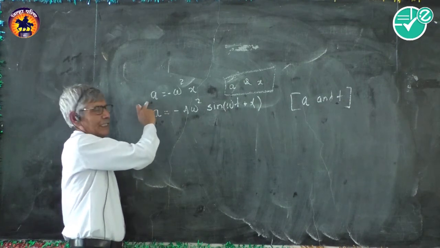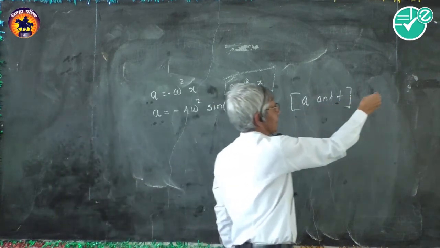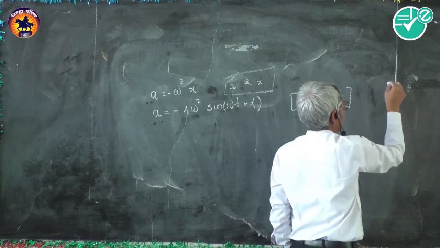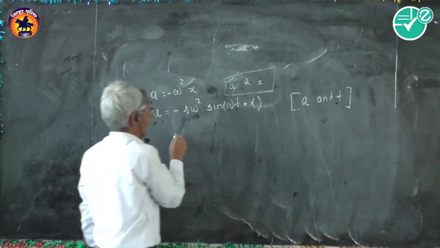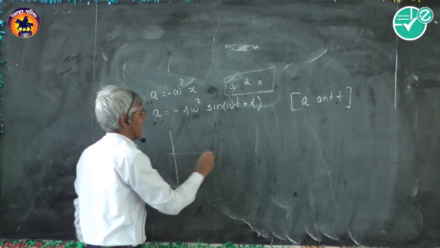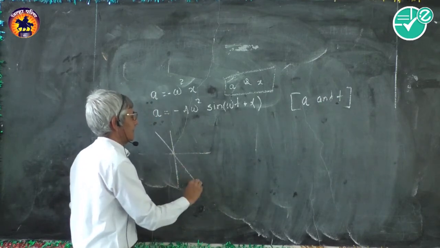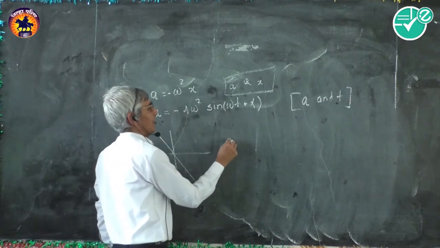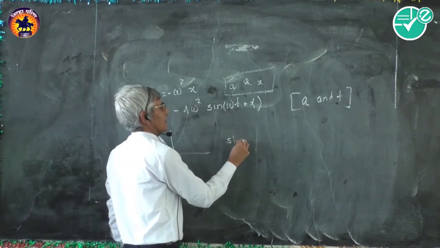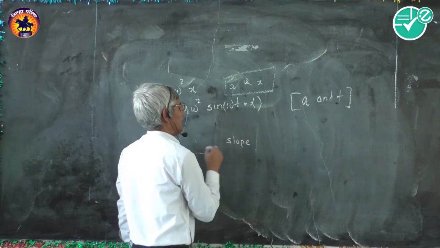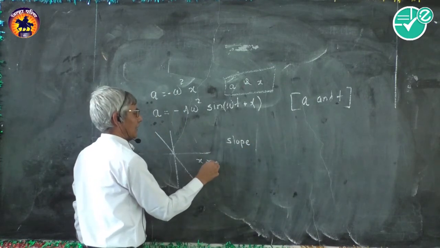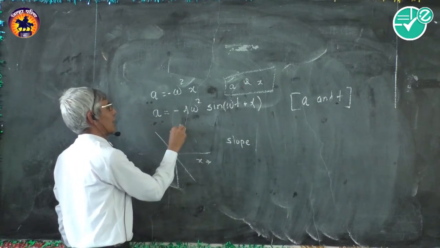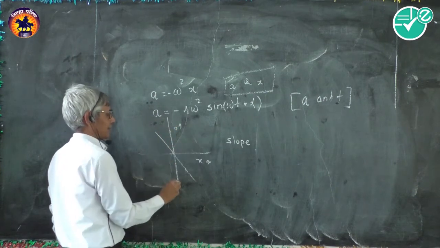From this equation we can say that the variation of the linear acceleration with respect to x is a straight line graph with negative slope, that is, with displacement taken along the x axis and acceleration taken along the y axis.